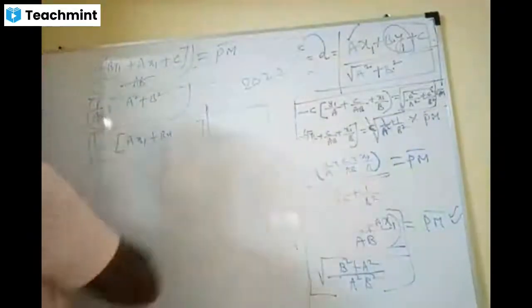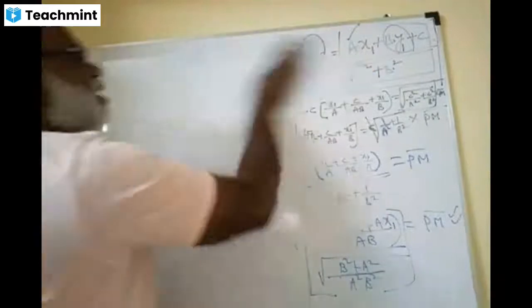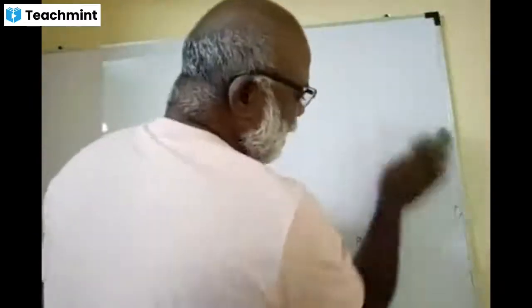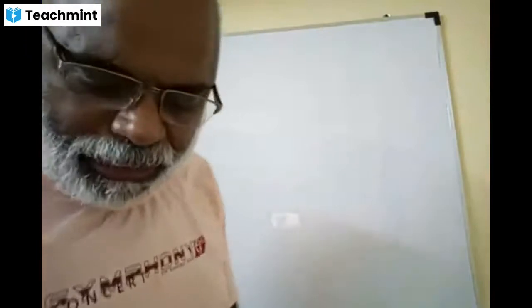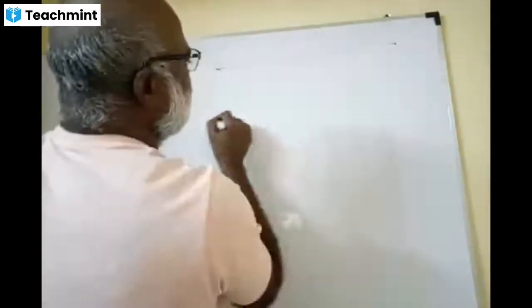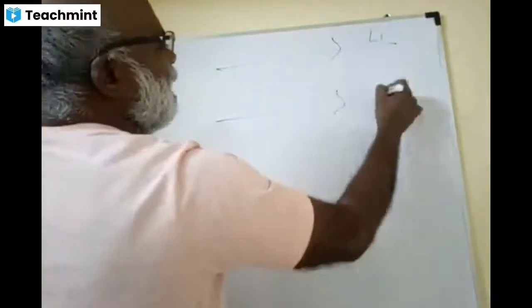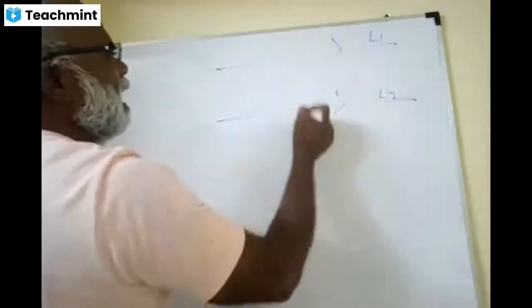So finally, we have to go for the last one, the third one. The first one is one form to another form. The second one is the distance of a point to a line. The third one, a beautiful one, is the distance between parallel lines, my dears. These are the parallel lines, line 1 and line 2.